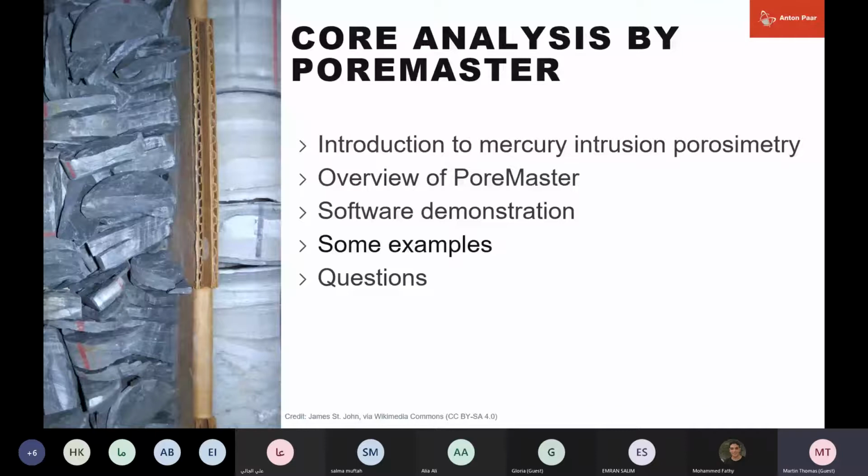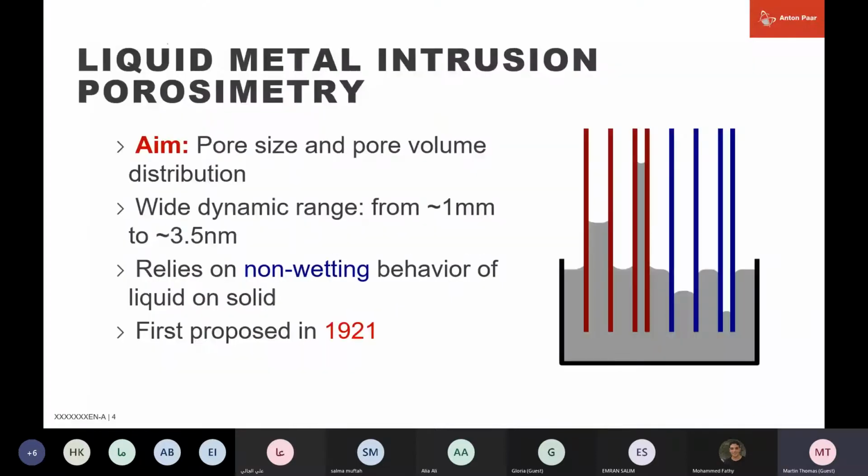So let me start with an introduction to mercury porosimetry. The aim, obviously, of making these measurements is to measure the pore size and pore volume distribution in porous materials, including rock cores. So we usually call this a pore size distribution. What that means is how the pore volume is distributed amongst pores of different size.